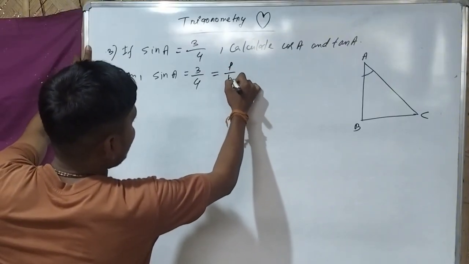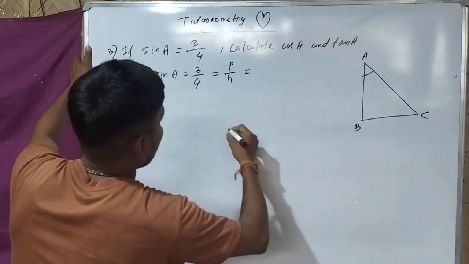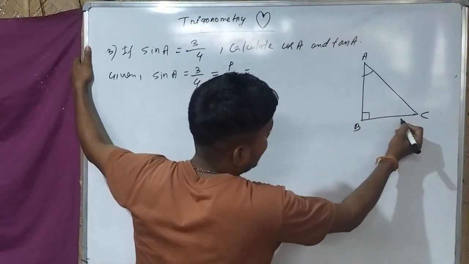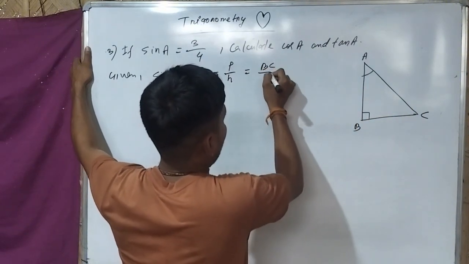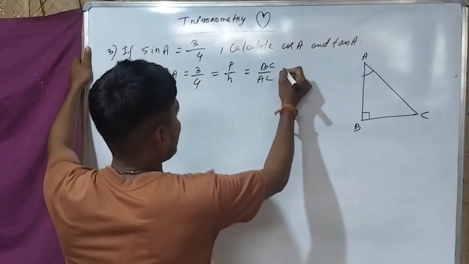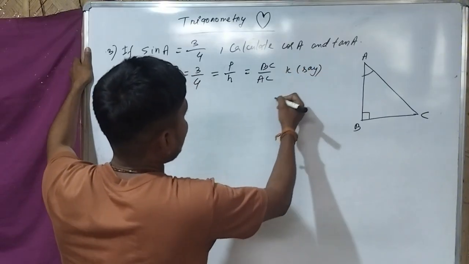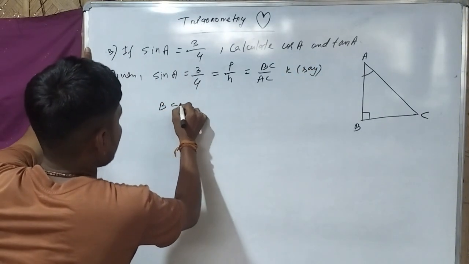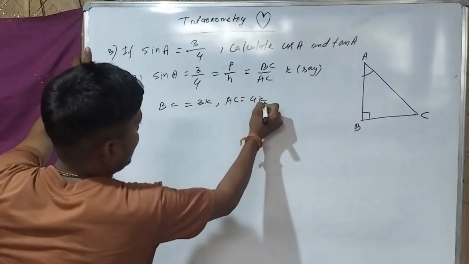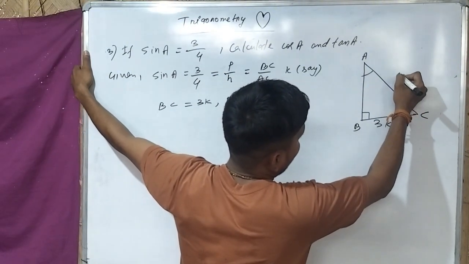With respect to this angle, this will be your perpendicular, so BC, and the hypotenuse is AC. Okay, so let this common value be K, then your BC equals 3K and AC equals 4K. Is that clear? BC 3K, AC 4K.